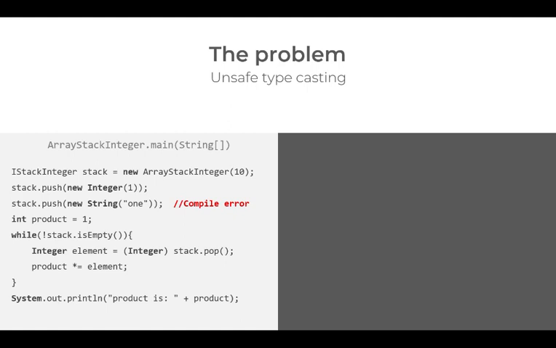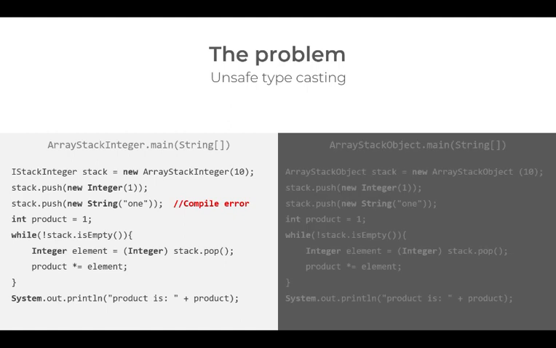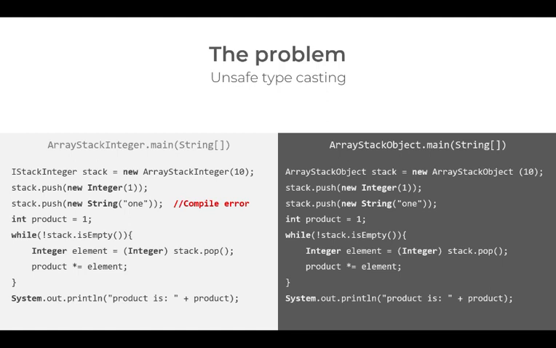Let's look at the other implementation we had, arrayStackObject. Again, this time I'm going to use the same code. So I'm going to create an arrayStackObject of size 10. I'm going to push an integer, which is an object, so there is no issue here. I'm going to push a string, which is also an object, so there is no issue over here. Then I'm going to do int product equals 1. Then I'm going to have the while loop, while the stack is not empty. I want to pop the element and convert that into an integer.